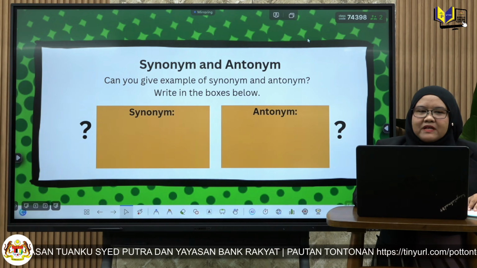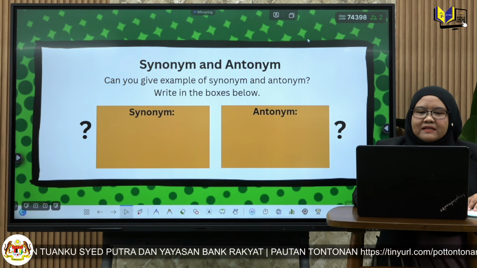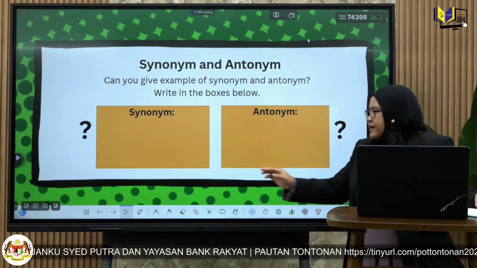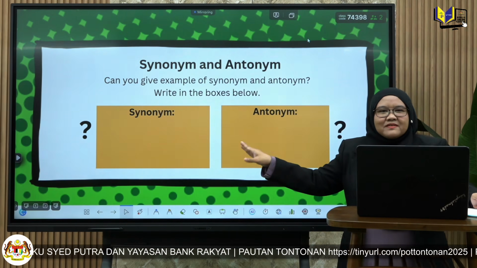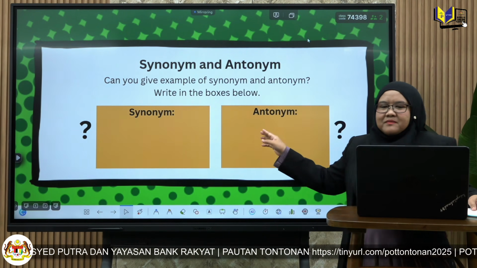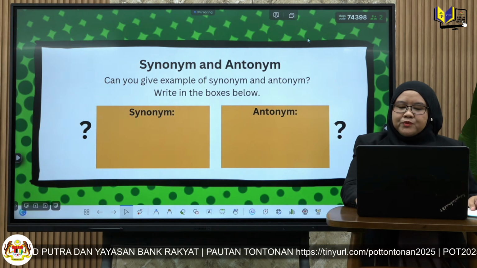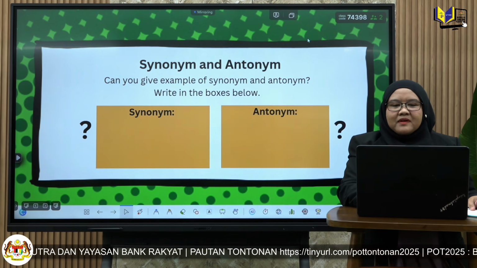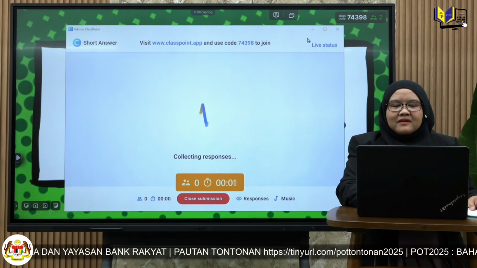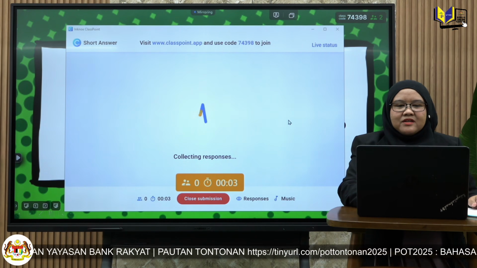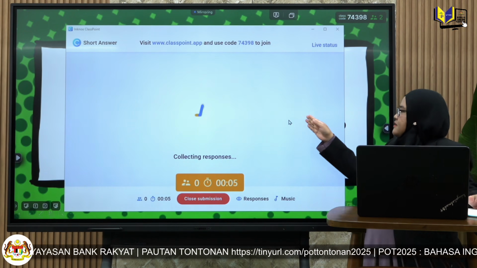Synonym and antonym. Can you give examples of synonym and antonym? Okay, let's try and write in the boxes. Let's take 1 minute to put your response here. Okay. Can you try using the app?